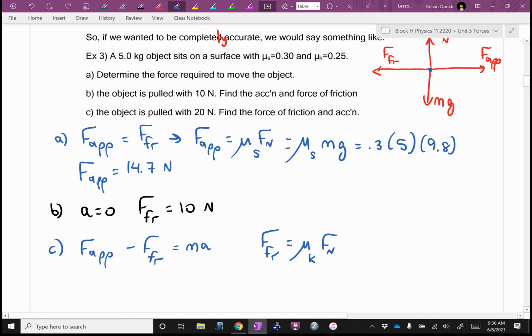The kinetic coefficient of friction, mu k, is 0.25, times 5 times 9.8, which is what? 12.25?